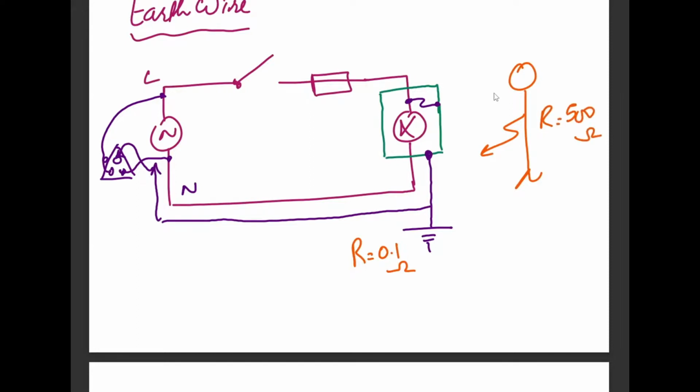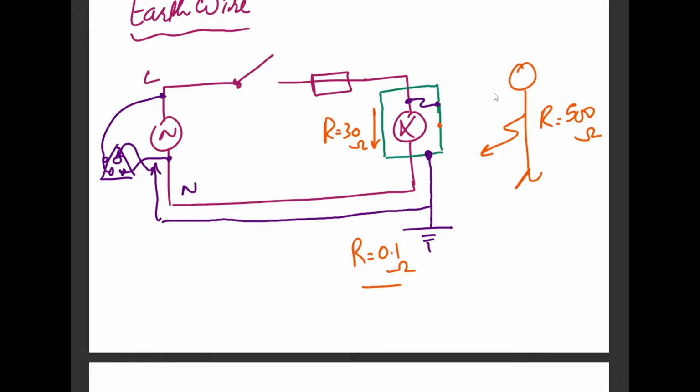So the current would prefer to pass through the wire rather than passing through the person. Even if the person is not operating the machine, still the current is not going to pass through the appliance. Why? Because the appliance has a resistance of approximately, let's say, 30 ohms. But the earth wire and the metal body have a combined resistance of 0.1 ohms.